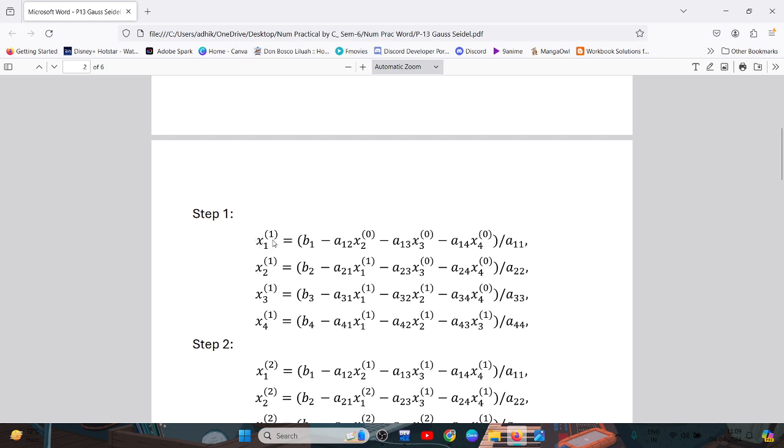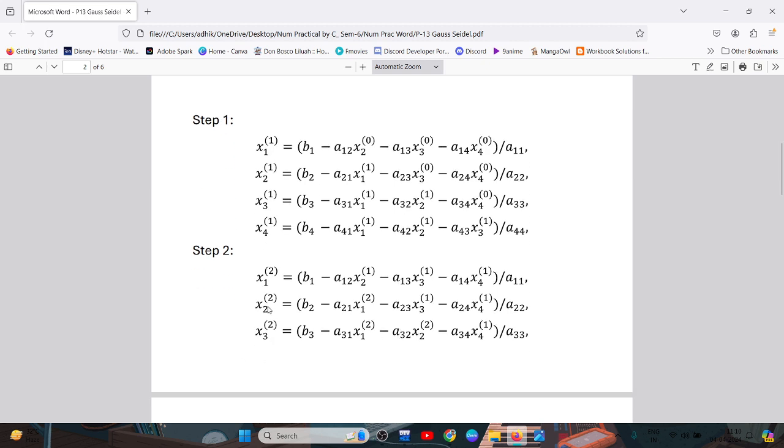Similarly, for x1 in step 2, x2, x3, x4 come from step 1. But for calculating x2, x1 comes from step 2, because we already have the improved value of x1. We do not yet have improved values of x3 and x4, so these come from step 1.